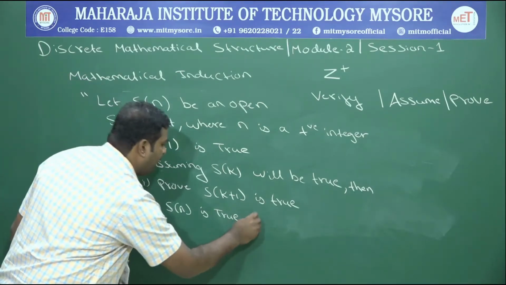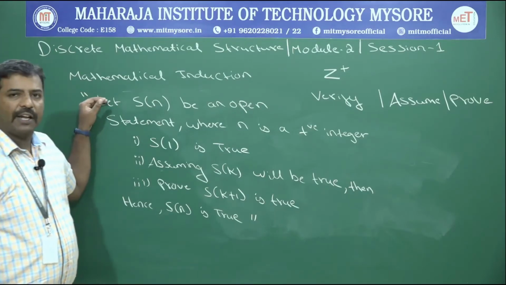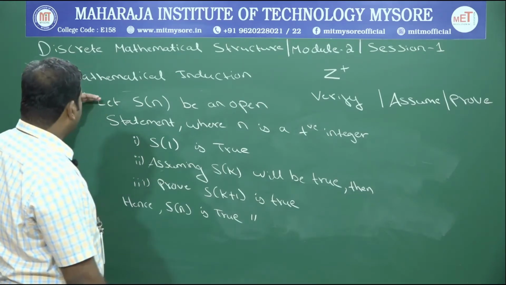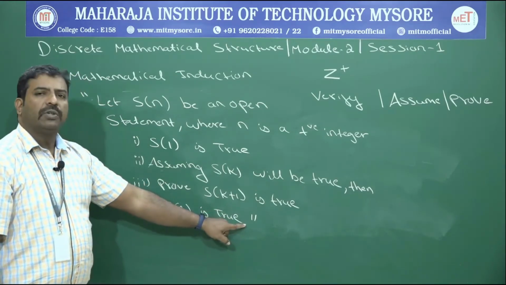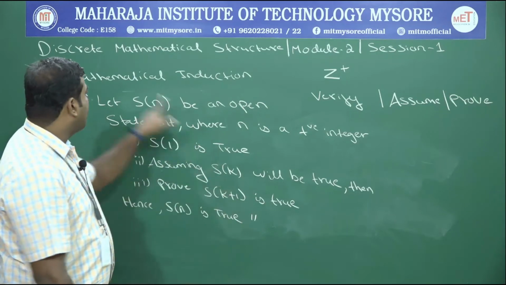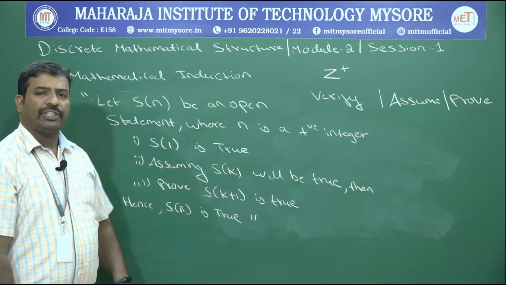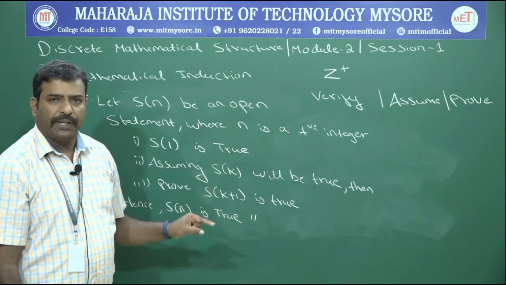Now this will make my complete statement starting from this point until this point. So this is where I am going to complete the statement for mathematical induction, or the induction principle.